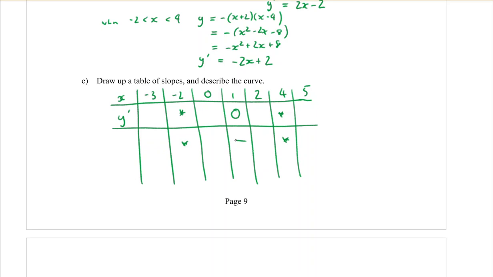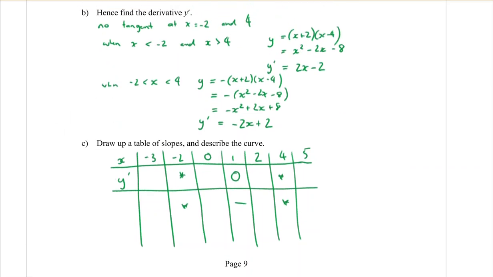When I sub into my derivative equation, and here you have to be careful because you'll have to change which equation you're subbing into sometimes. So if x is equal to -3, that's less than -2, I'm subbing into that equation. So 2 times -3 is -6, minus another 2 makes -8. Negative slope.